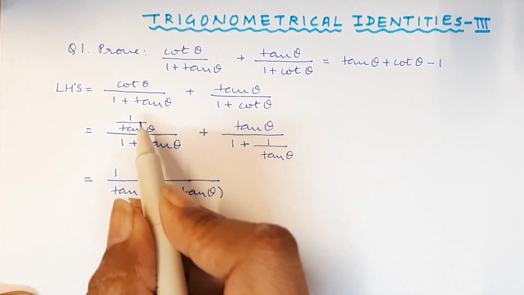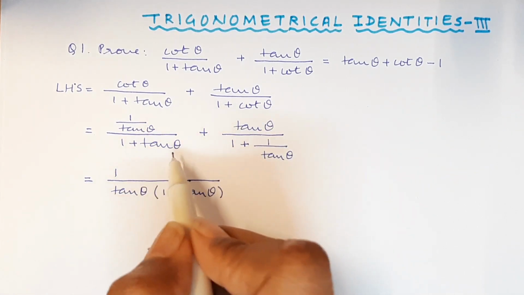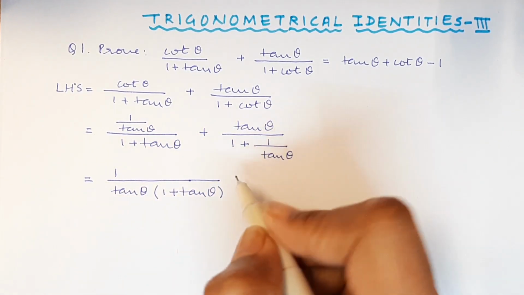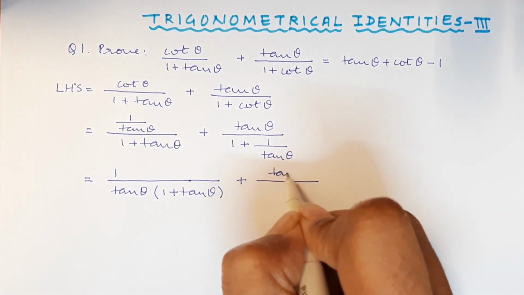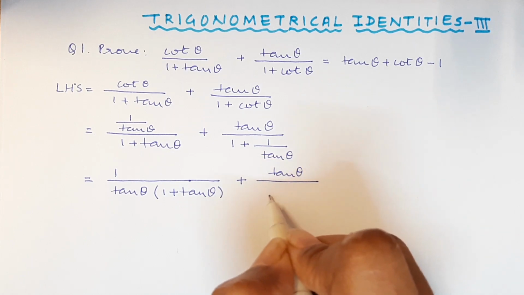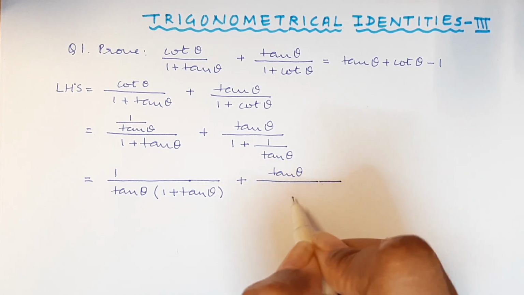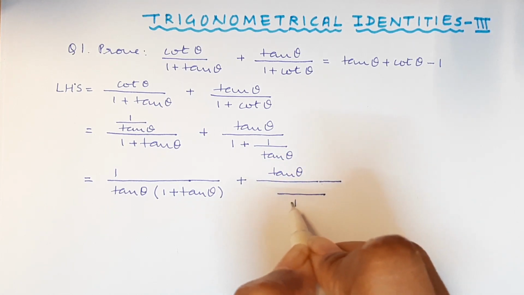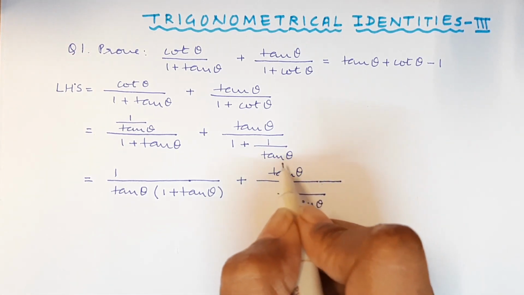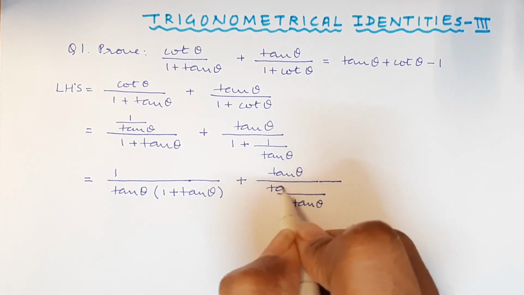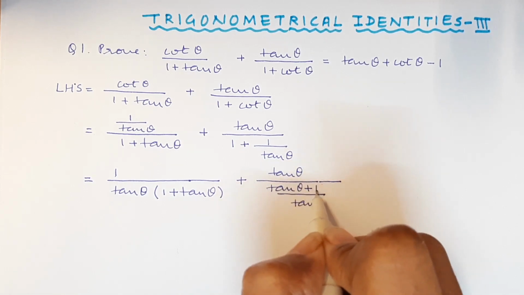So, what do we have? 1 upon tan theta is divided by 1 plus tan theta. Now, here we will write this tan theta as it is and look at the way I'm presenting the work. You must present your work as neatly as possible. Now tan multiplies here, so we'll have tan theta plus 1.